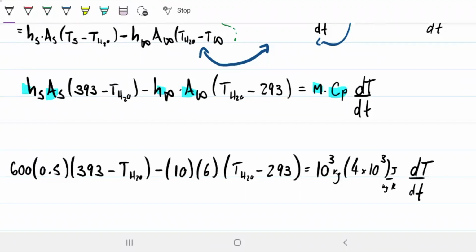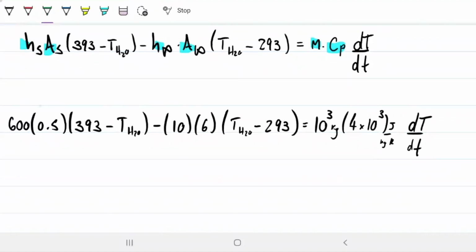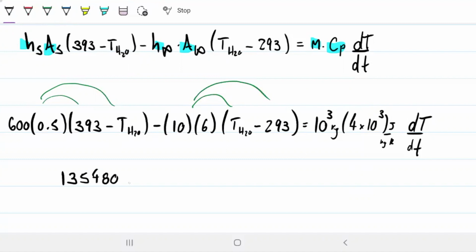Okay, so now we have some numbers. And I can simplify this, so what I'm going to do is I'm going to multiply here, I'm going to multiply here, and I end up with, and then I can sum up these guys here, or subtract them according to math, and I end up with this, 13,440 minus 360 T H2O equals 4 times 10 to the 6 dT.